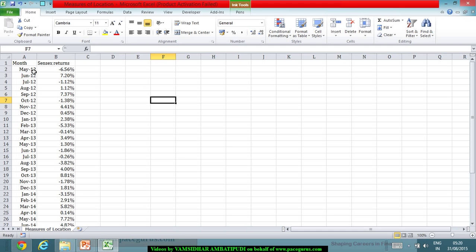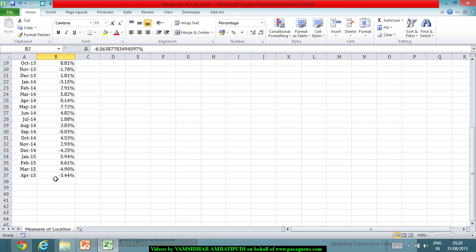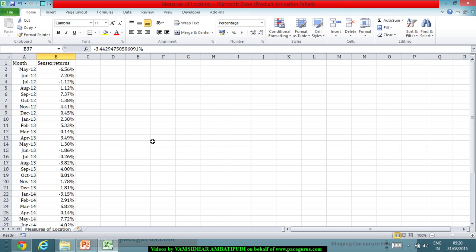Here, if you look, I have collected the monthly returns of Sensex from May 2012 to, let's say, April 2015. So over a 3-year period, we are talking about the monthly returns of the Sensex data. I really wanted to find out the typical arithmetic mean return of this particular data.